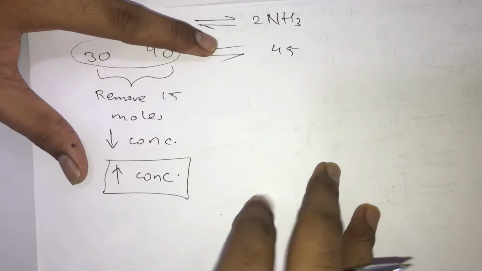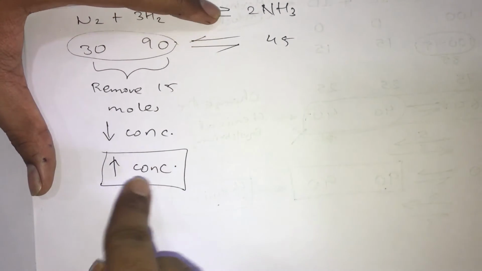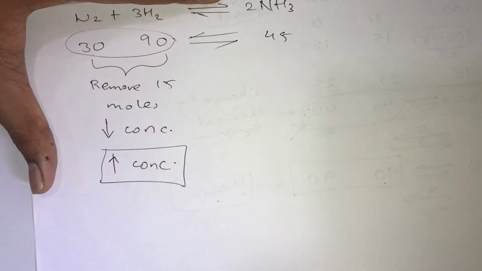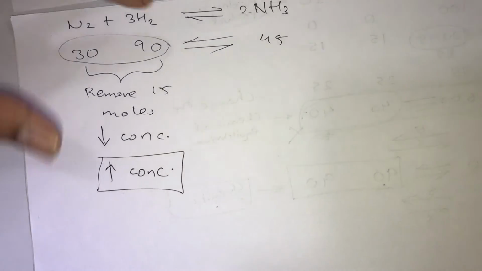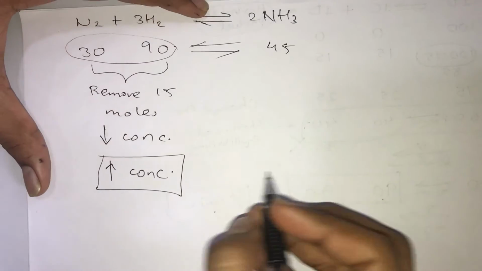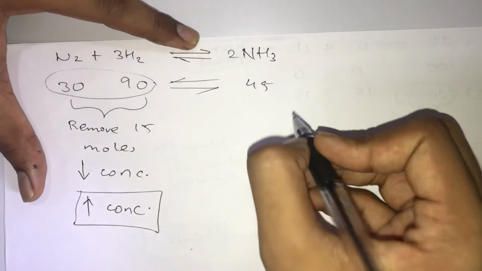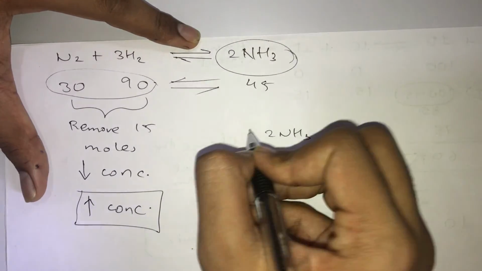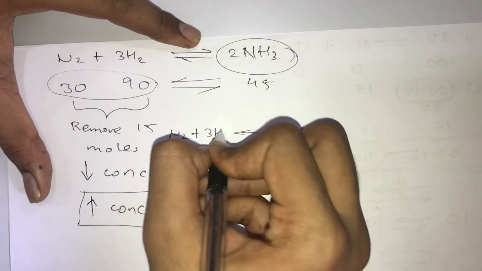Now since the concentration is decreased, the reaction will try to increase the concentration. And how will the reaction increase the concentration? The reaction will increase the concentration by dominating the backward reaction, which means that it will now convert this NH3 to N2 plus 3H2.